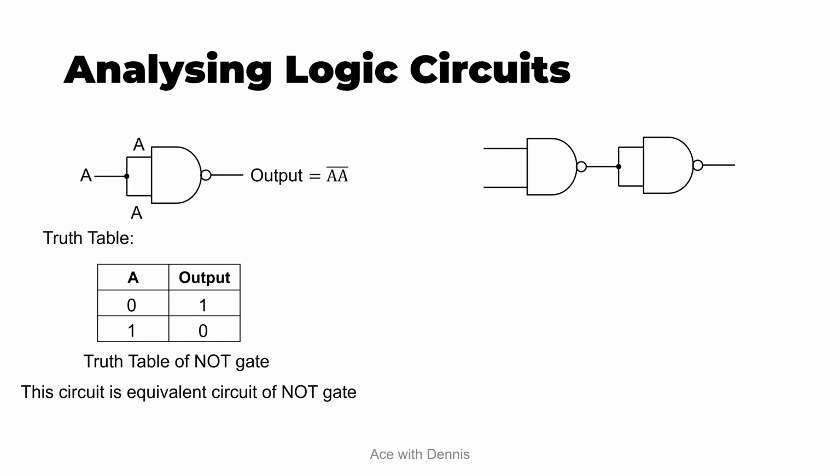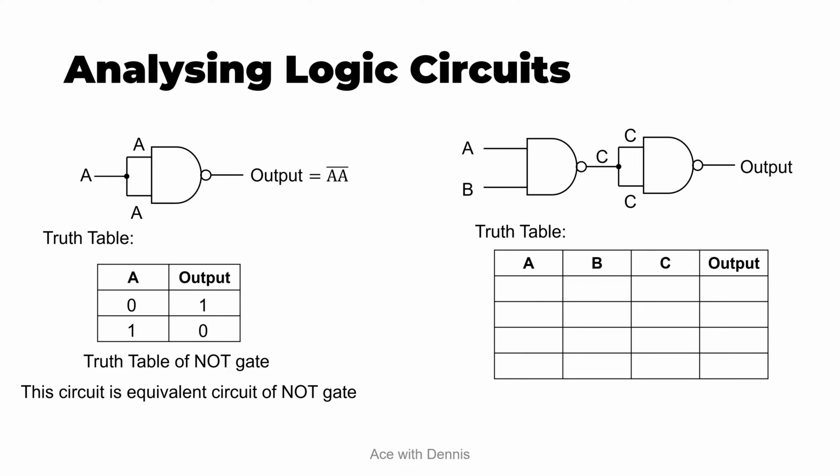In other words, this circuit is an equivalent circuit of the NOT gate. Right, so now let's analyze another circuit with input A, input B, and output. This point is point C, and the second NAND gate also has its inputs tied together to C. So this will be inputs C and C. So here's the truth table.